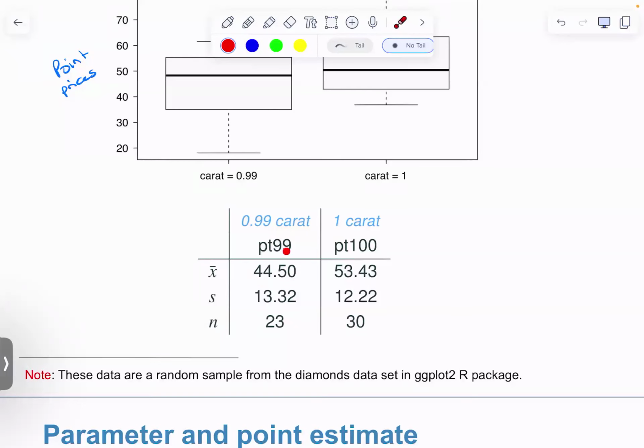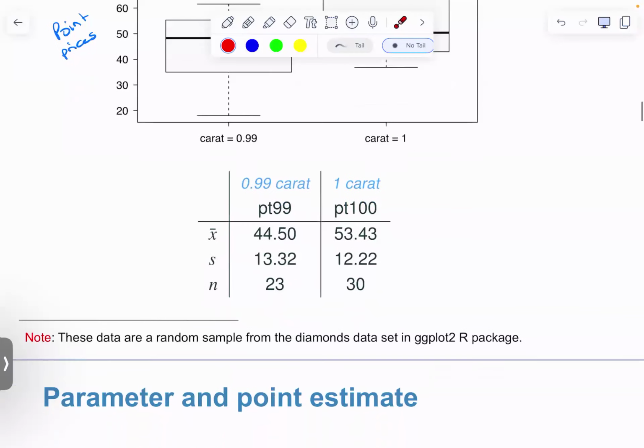Now remember there's 99 points to each diamond, so multiply that by 99 for the total price on average. But we're going to compare the point prices. Standard deviation of 13.32, and here we have a sample size of 23.